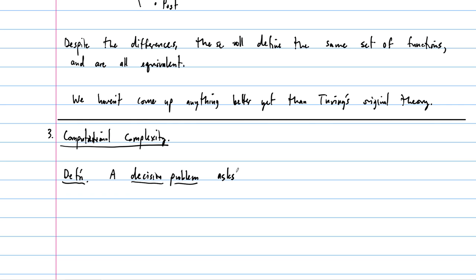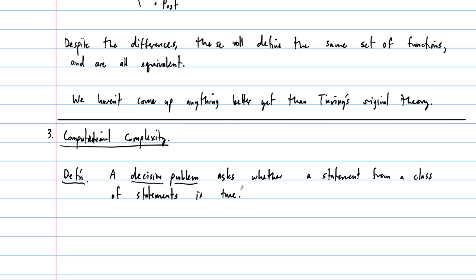So you start with a class of statements, you take a particular statement, and then you determine whether or not the particular statement is true or not. So decision problems ask whether a statement from a large class of statements that can be built using rules is true.